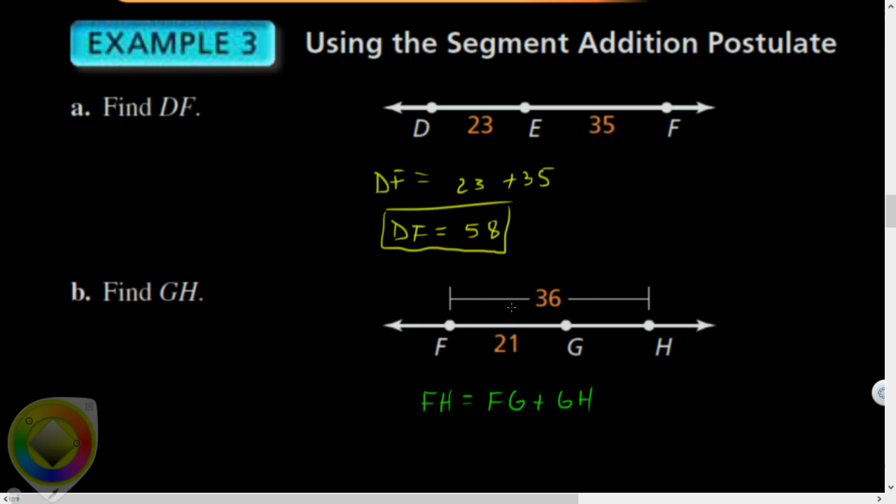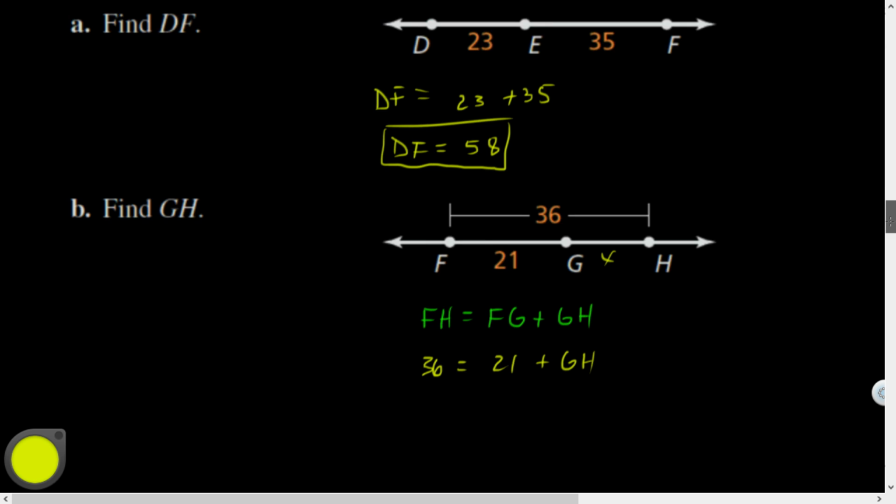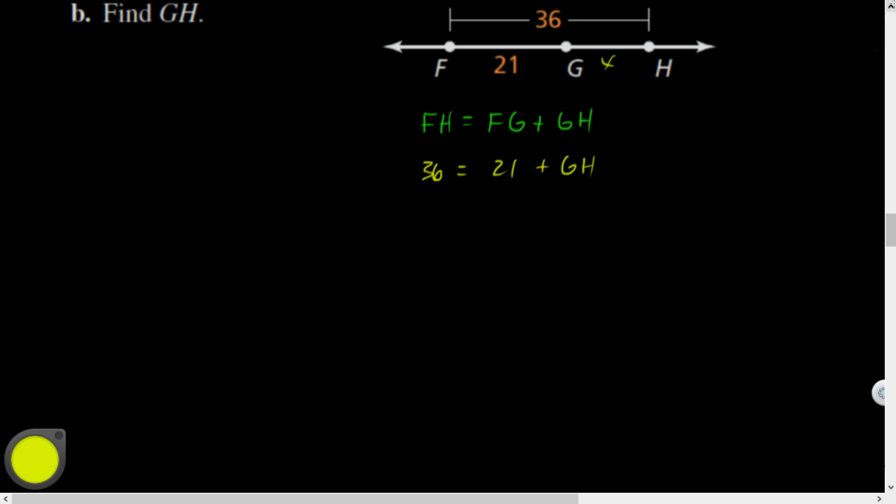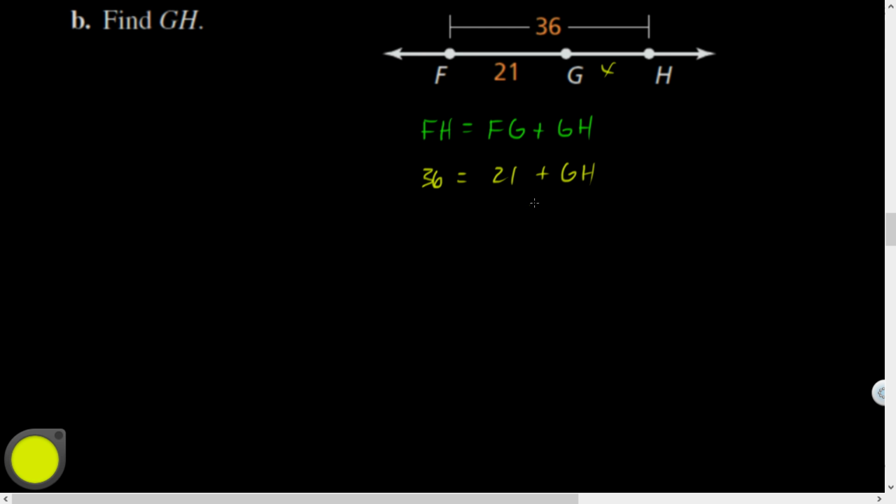And now if I do some substituting, FH is 36. FG is 21. GH I can refer to as GH, or you could have made up some other little lowercase variable x or something like that if you're a fan. And how do I solve for GH?